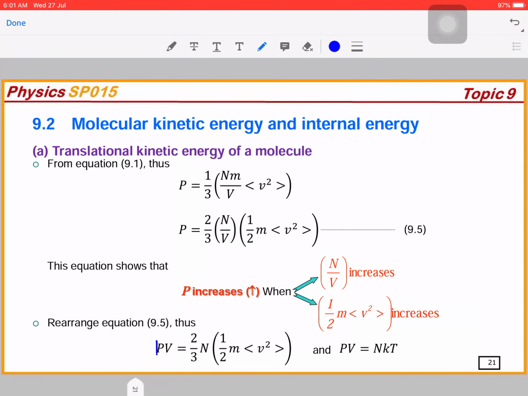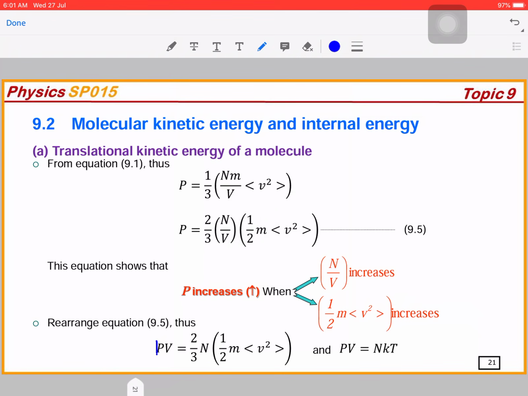First we're going to look at A, translational kinetic energy. This is how you derive the equation. We have P equals 1 over 3 Nm over V times the mean squared velocity. Then we rearrange the equation: P equals 2 over 3 N over V times 1 over 2 m times the mean squared velocity.